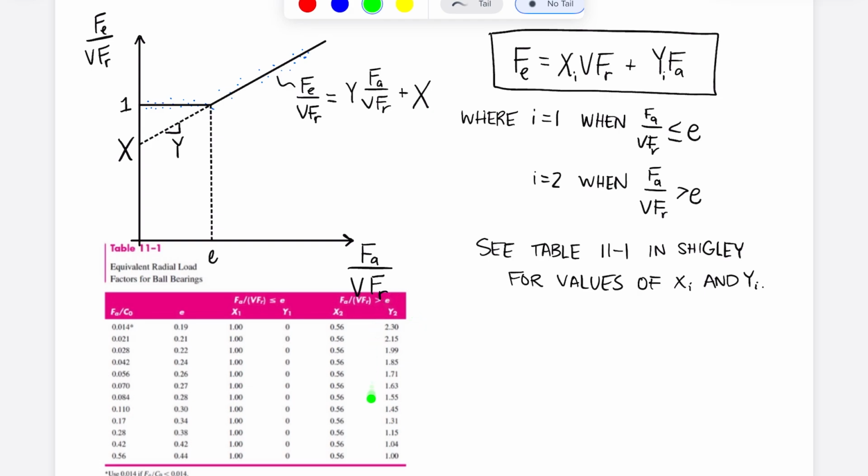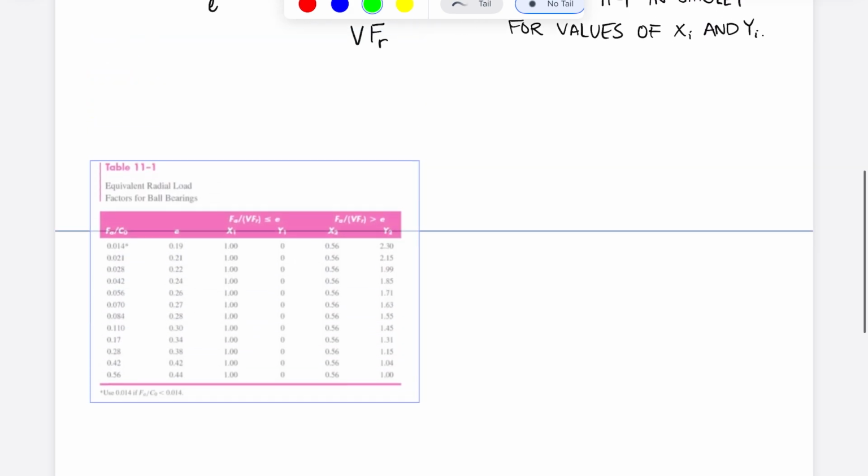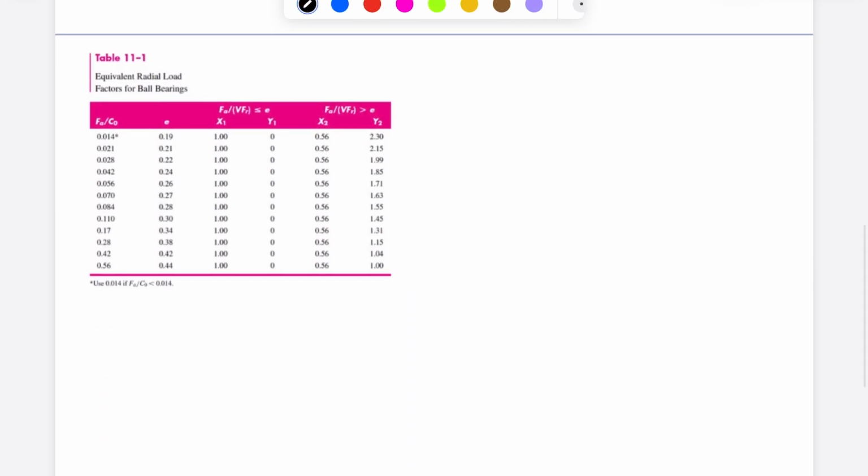And then Y2 is going to depend on your value of Fa over C0. So we need to be able to calculate Fa over C0. And we haven't talked yet about exactly what C0 is. Up until this point, we have been talking about the basic dynamic load rating, which is sometimes called the C10 value.